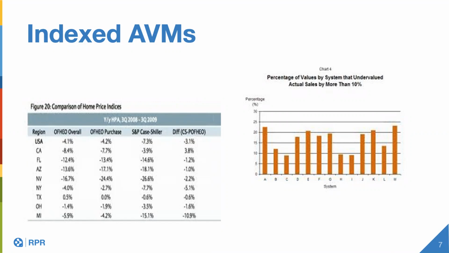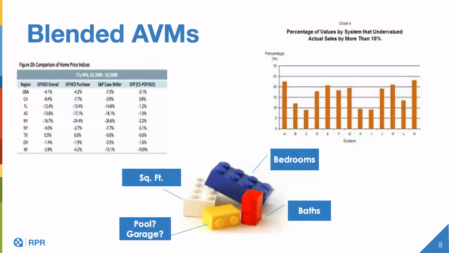So that's an indexed. And then there's also the blended AVM, which combines both the sales trends and the specific property details, and then uses those statistics to show the accuracy or predictions for both the hedonic and index models over time, and then gives each value a weight according to that provider's proprietary formula that's built into the background of their software.